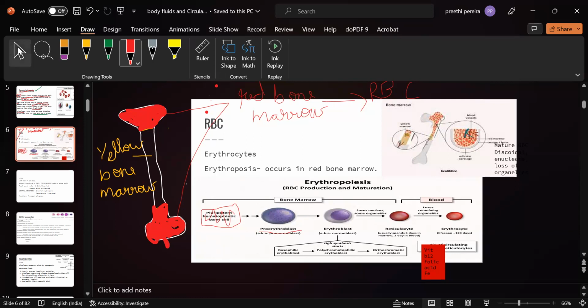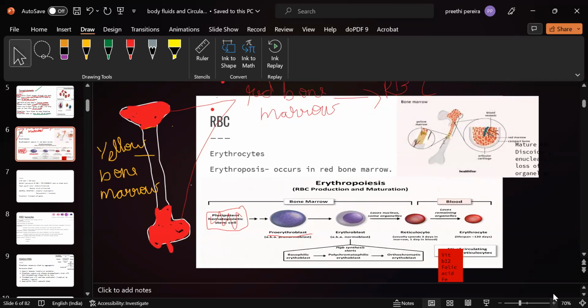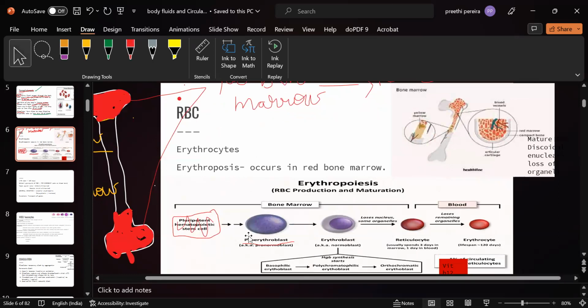If you all can't see, I'll just make it a little bigger. Okay, so this is proerythroblast. It is also known as pronormoblast. You can call it proerythroblast. ये कहाँ रहता है? Bone marrow के अंदर. This is RBC production. How does RBC production happen?